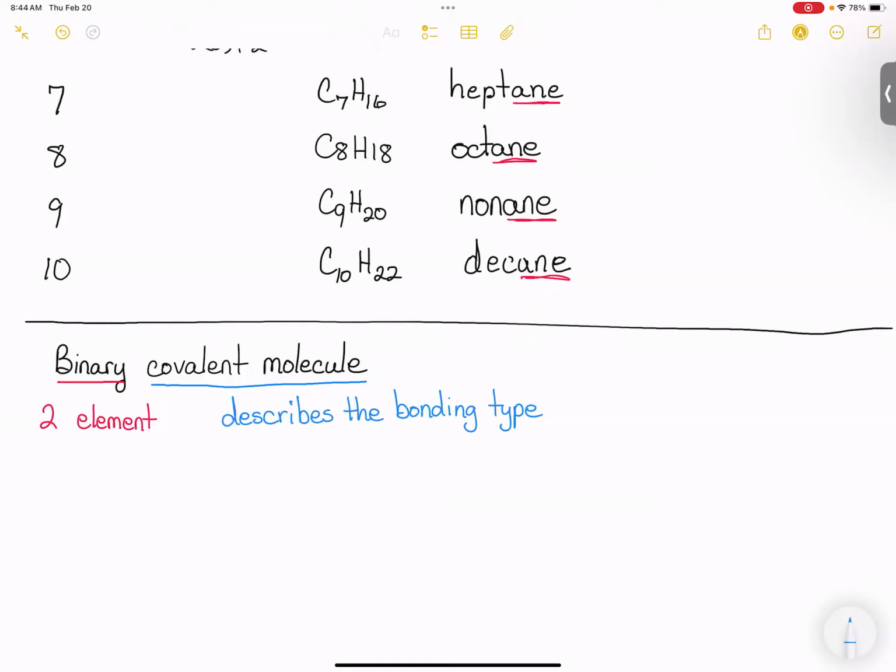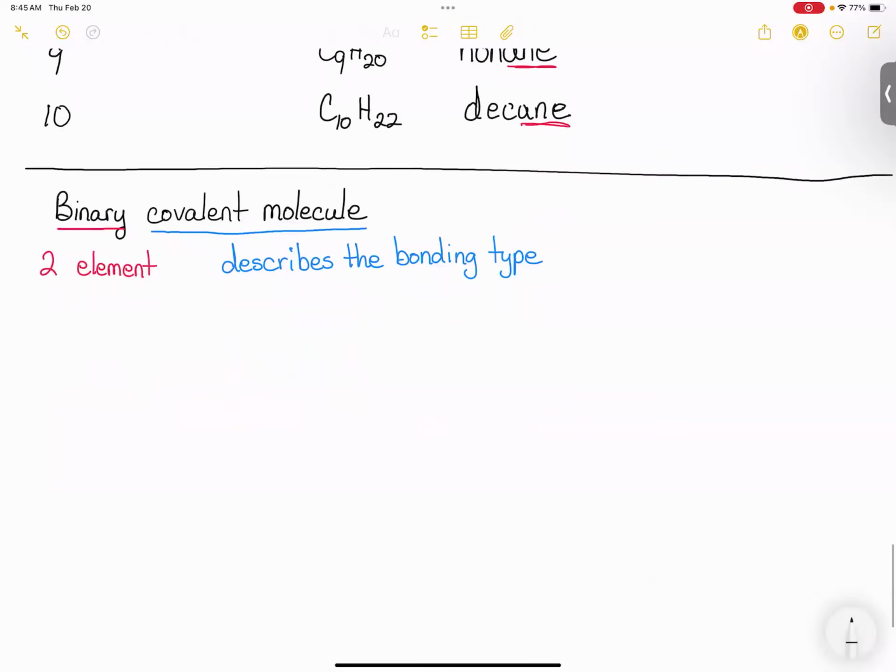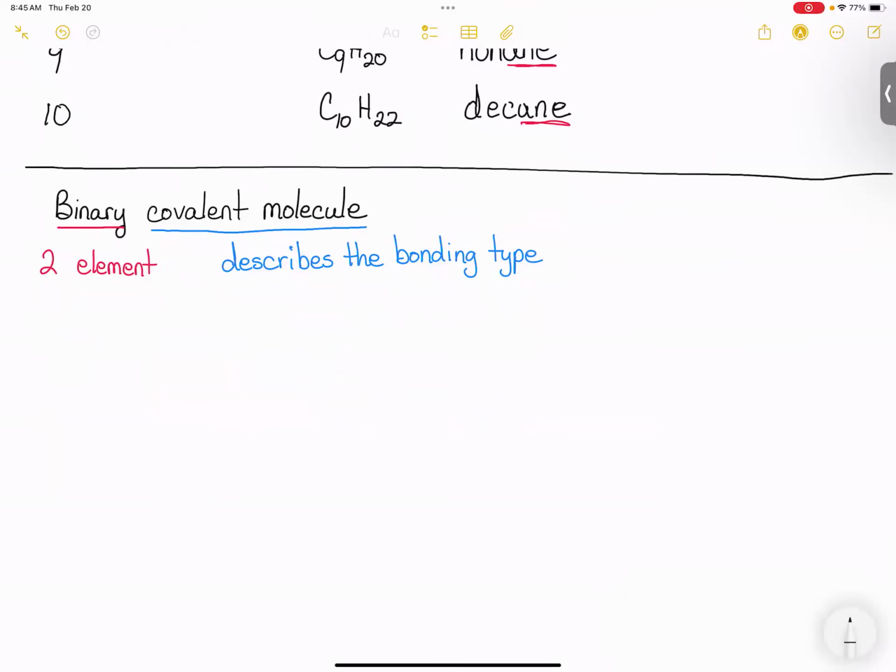One thing I have not mentioned about covalent molecules: because covalent molecules share their electrons, the same two atoms can make multiple compounds. An example, let's just take sulfur and oxygen.